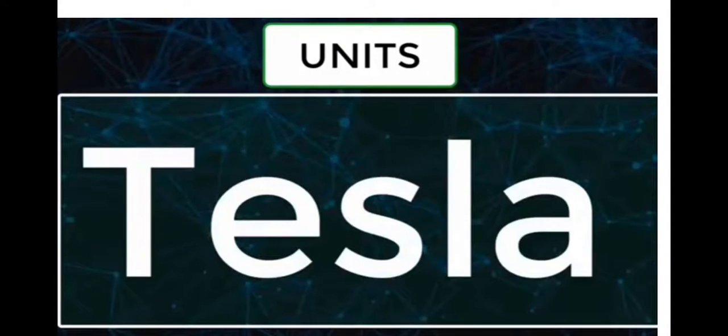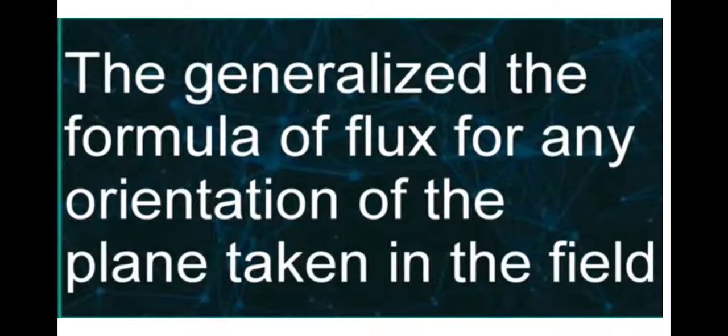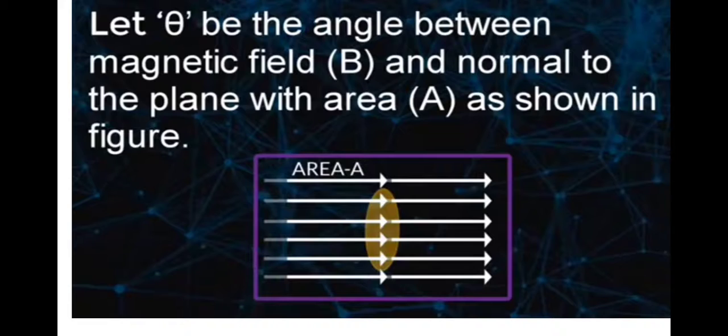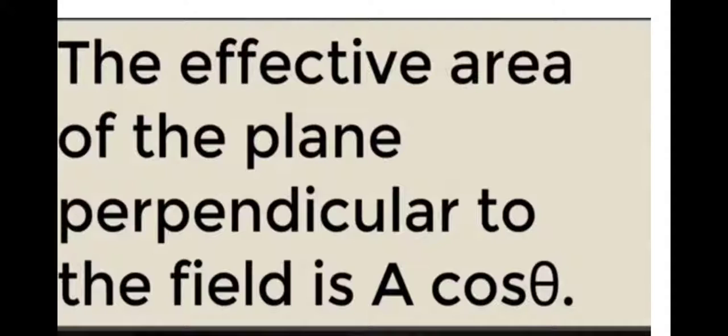The generalized formula of flux for any orientation of the plane taken in the field: let theta be the angle between the magnetic field and the normal to the plane with the area A, as shown in the figure. The effective area of the plane perpendicular to the field is A cos theta.